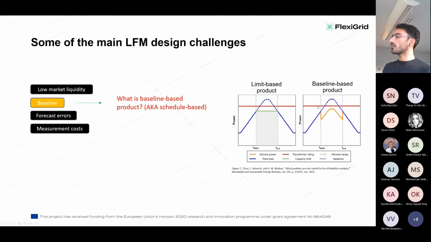If it goes over, for example, the transformer rating, then we need to purchase flexibility, and the flexibility product or service is defined with respect to this baseline. So the service that will be purchased is a certain percentage or kilowatt deviation from this baseline, or the other way around. Limit-based products I will explain a bit later, so let's reserve that.